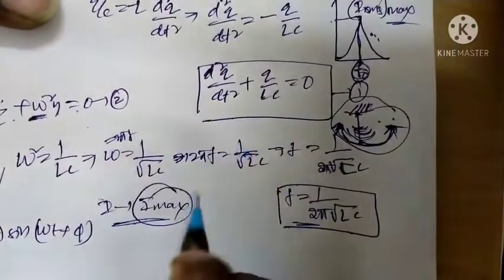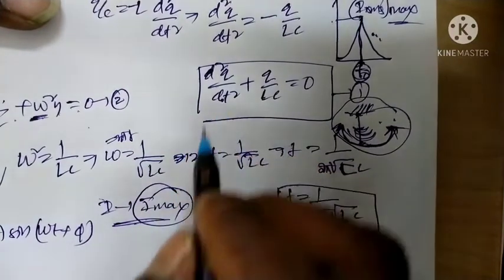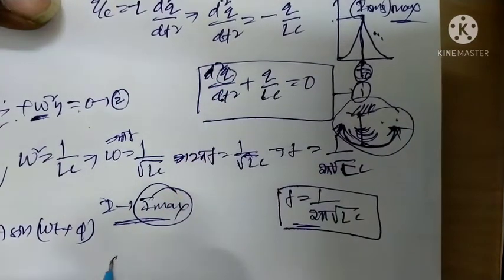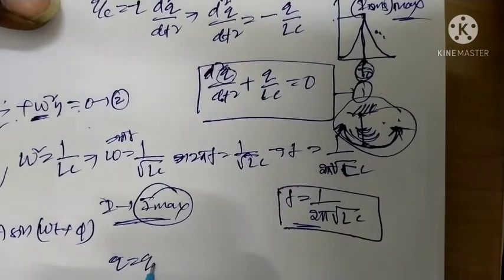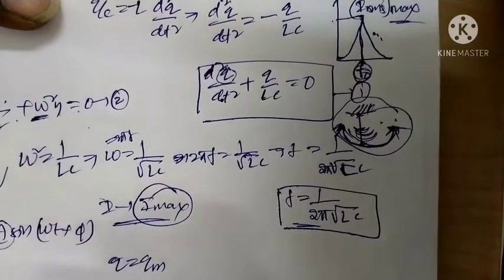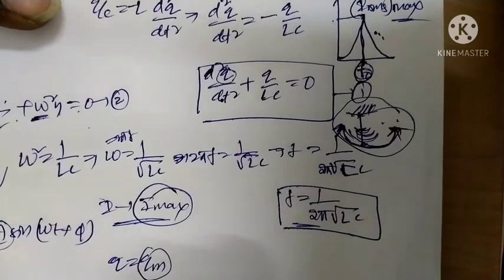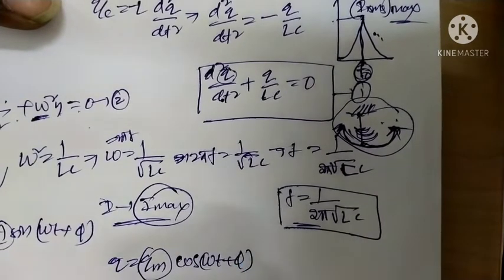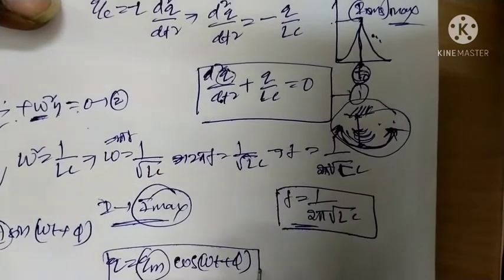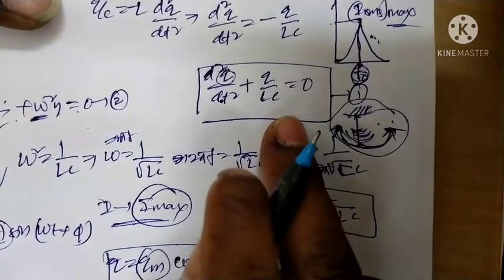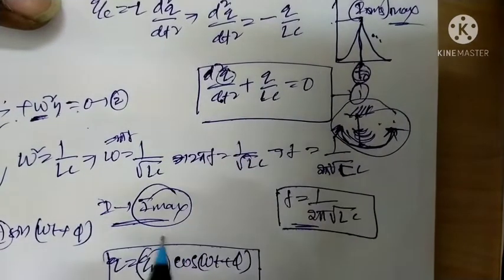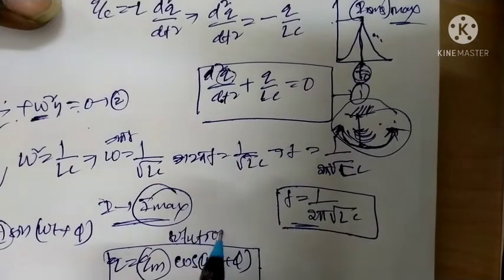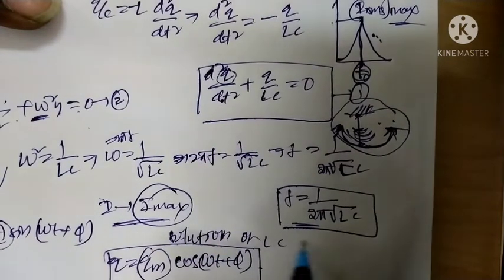Similarly we can write the solution for this equation in the form of q, that is q is equal to Qm cos of omega t plus phi. Here a is the amplitude, and Qm is the maximum charge in the capacitor of the LC circuit. This is the solution of the LC oscillator.